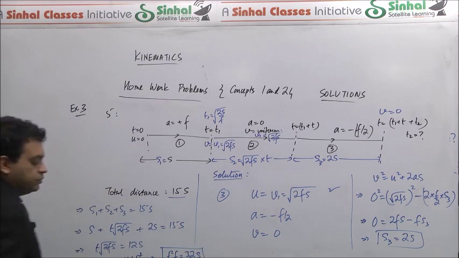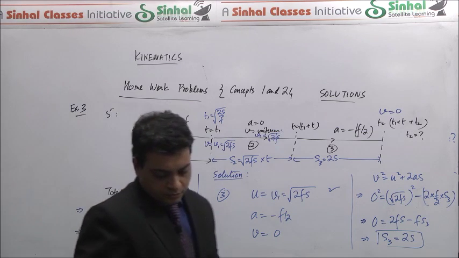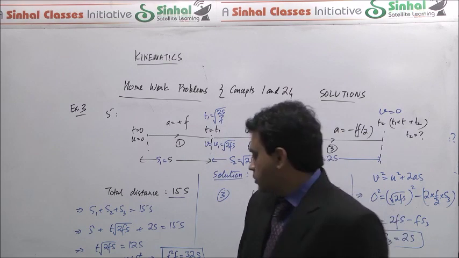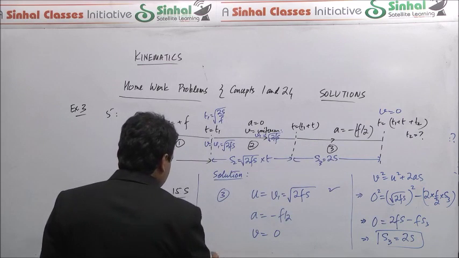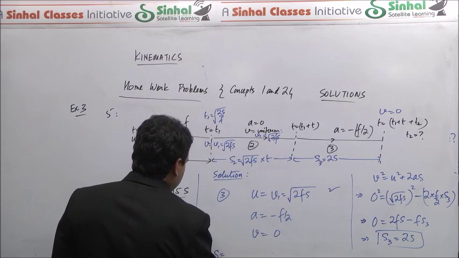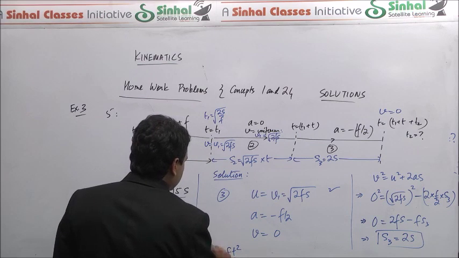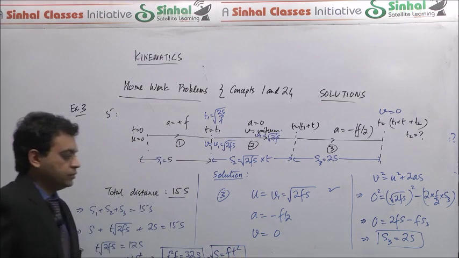This is the relationship that we have. Or in other words, let's say that s is equal to f t square by 72. So that's another way to do it.